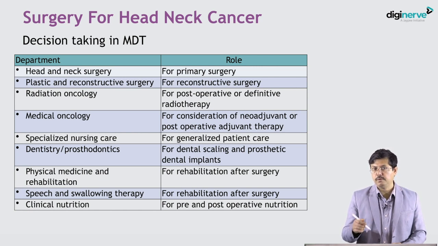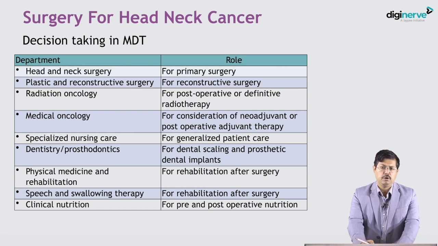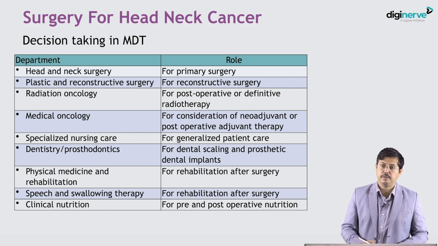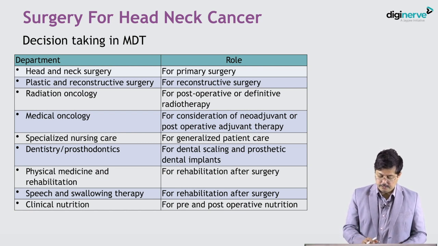Parallel to that, when you are taking out the maxilla particularly, you need an obturator and dental surgeons, thinking about the planning for a maxilla and mandible replacement. Radiation oncology and medical oncology will always be an integral part, particularly in areas where there is a big role of neoadjuvant chemotherapy, and even neoadjuvant radiation now in matted lymph nodes, which are coming in a big way, and they need to be discussed.